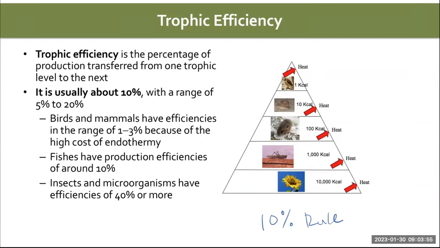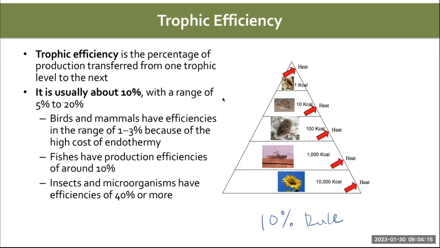So what the 10% rule is accounting for in this energy pyramid now is the loss of energy in the form of heat that comes with all of the transfers between trophic levels.